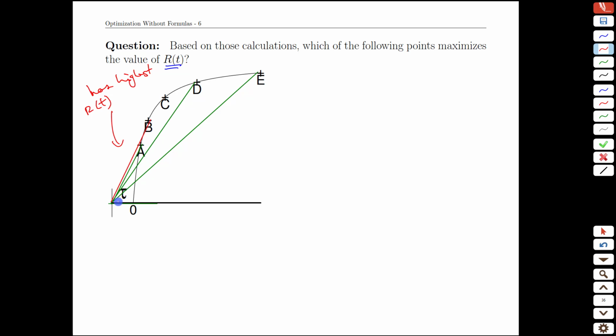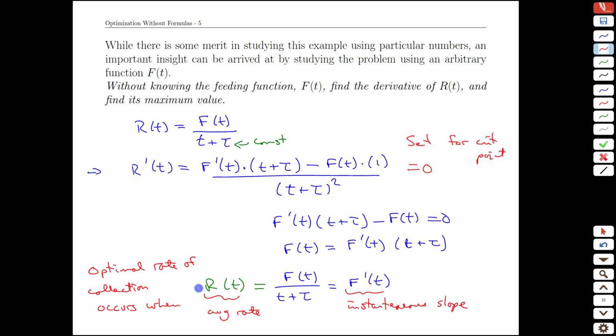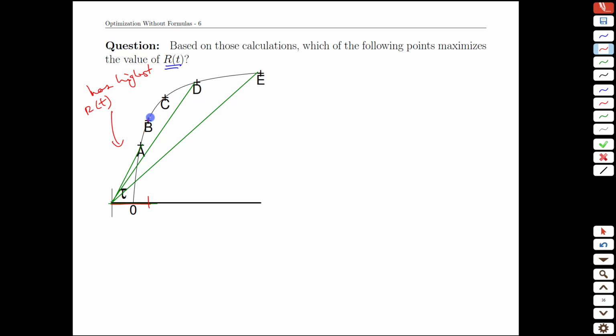How much can I collect per unit time given this collection rate? But could I figure that out beforehand? Absolutely. The extra condition that we found on the last page was the optimal rate, the steepest slope, is going to occur when that slope that we just drew is equal to the instantaneous slope.